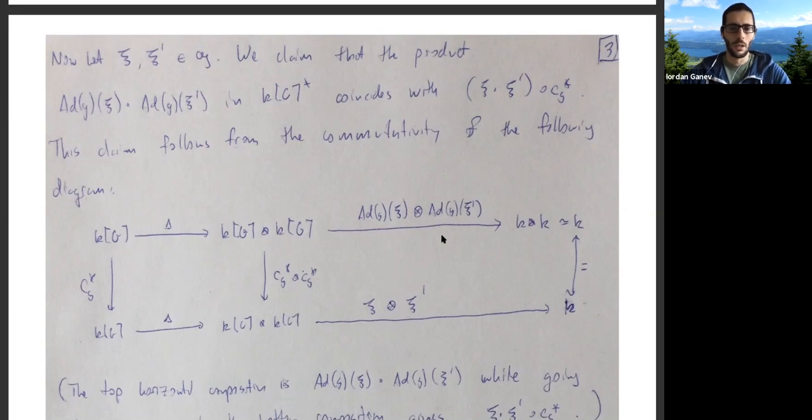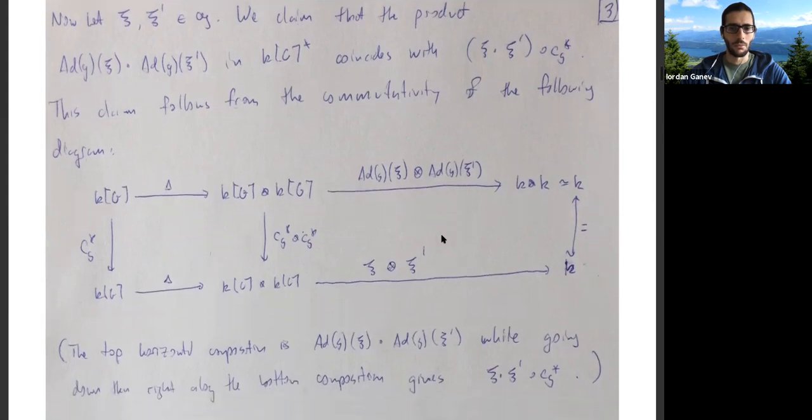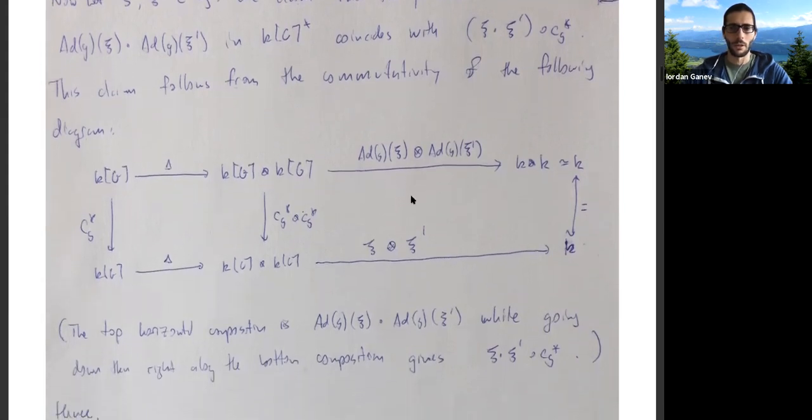Maybe you can stare at this for a while to convince yourself, but it's nothing too deep here. Because each of these two parts of the diagram commute, the whole diagram commutes. So now we make the following observation. On the top, that's just the definition of this product, adjoint g applied to xi times adjoint g applied to xi prime.